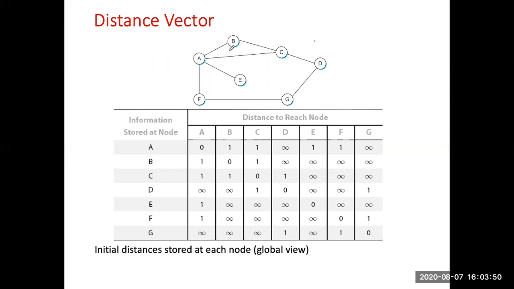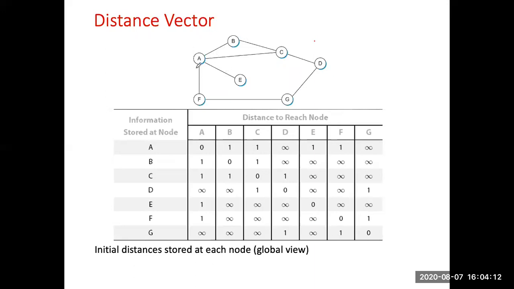Now we will consider an example. For example, this is a basic graph of the different nodes and links between the different routers. Okay, so we will calculate how each router will maintain its routing table according to the Bellman-Ford algorithm.